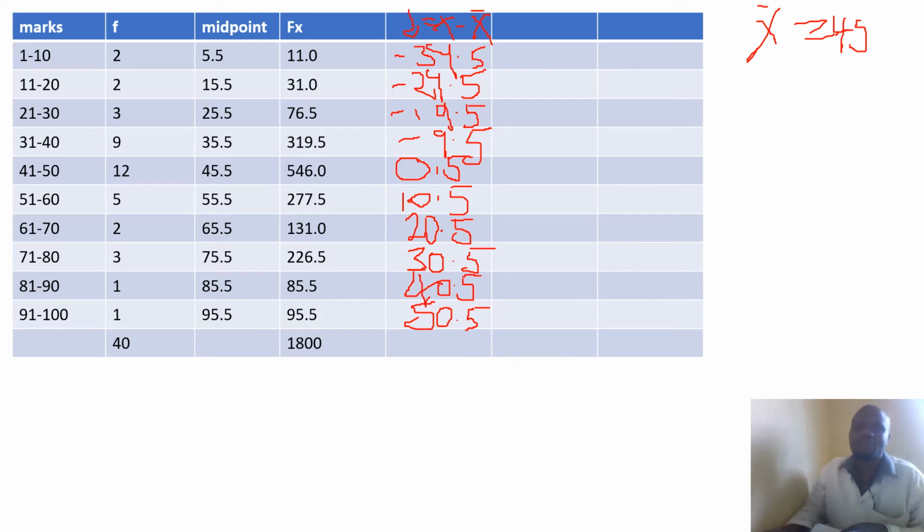So the next column that we need to get here is called the D squared column, or the difference between these mean squared.